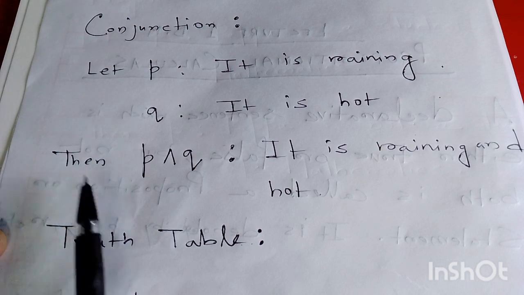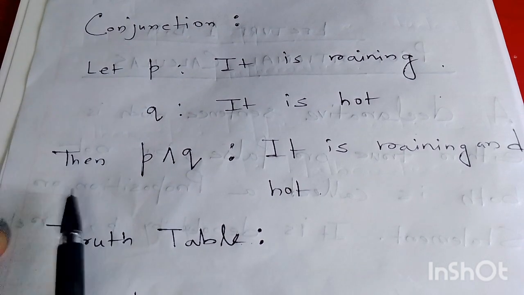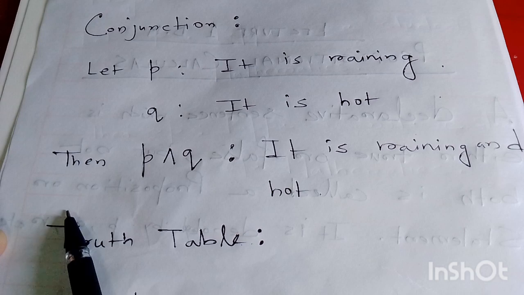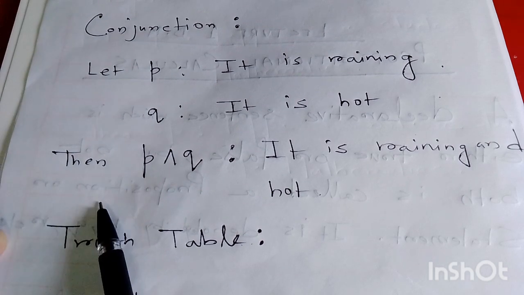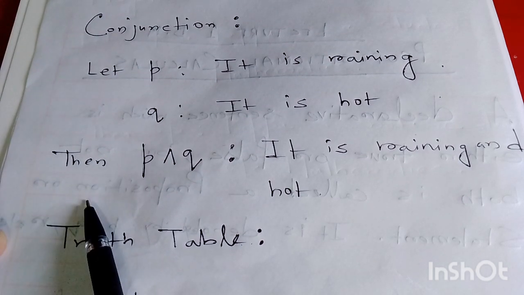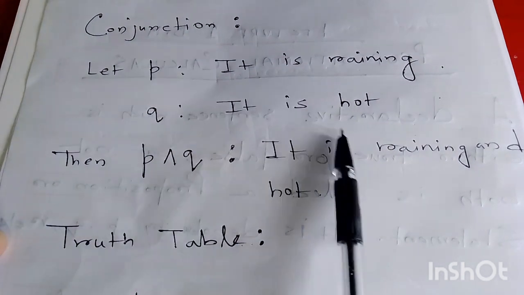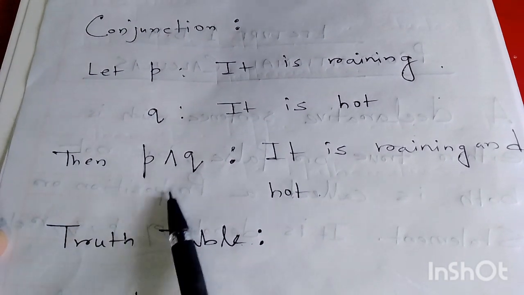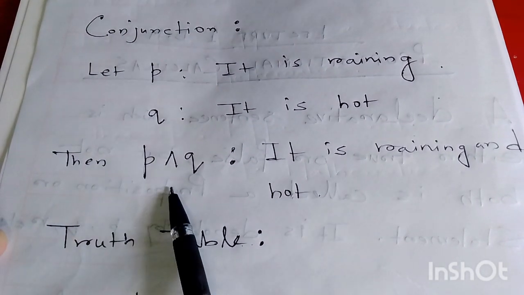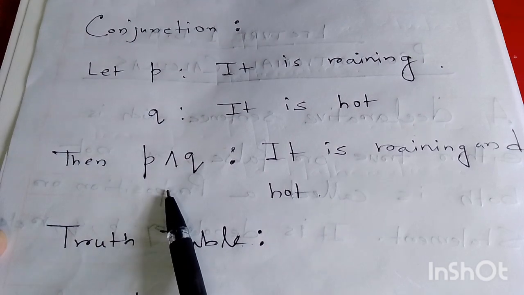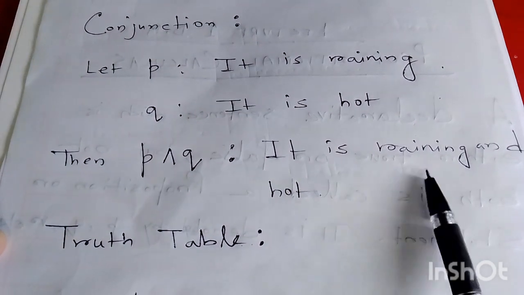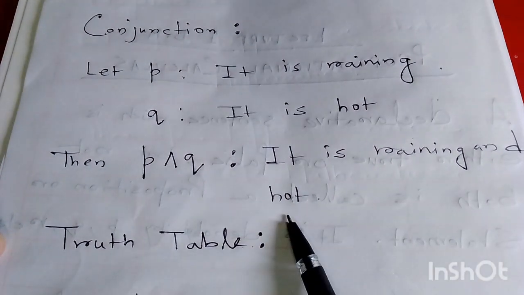So by conjunction we will connect or combine two sentences. Here the two propositions are it is raining, it is hot. So P conjunction Q, and conjunction is nothing but and, so it is raining and hot.